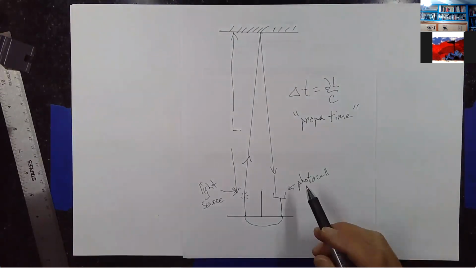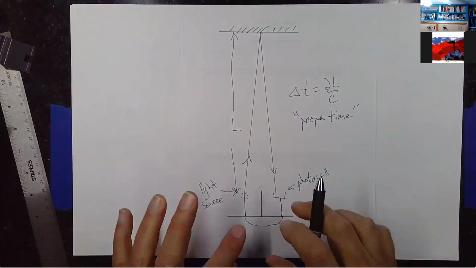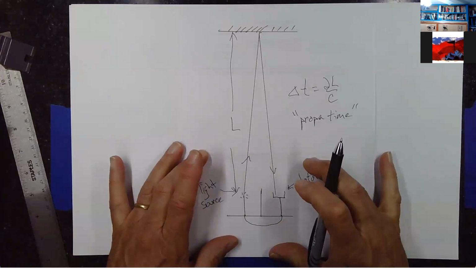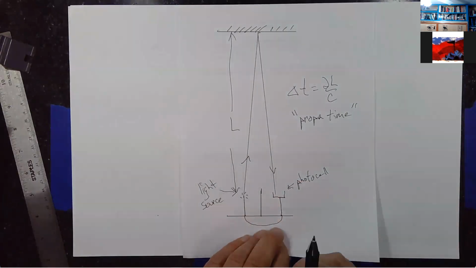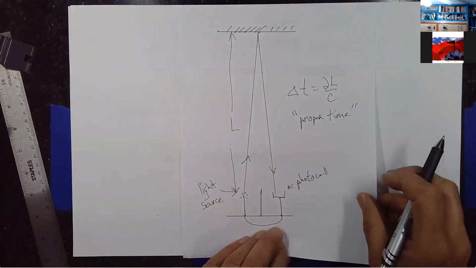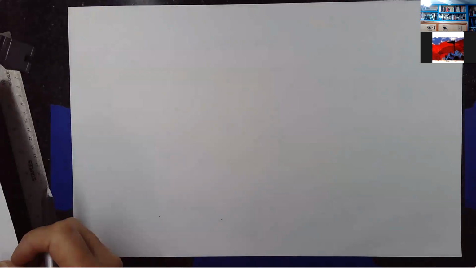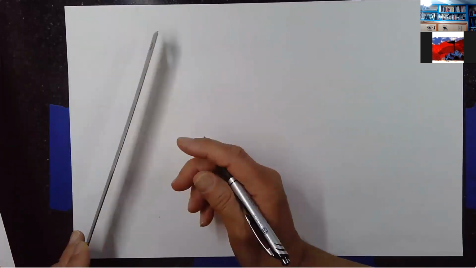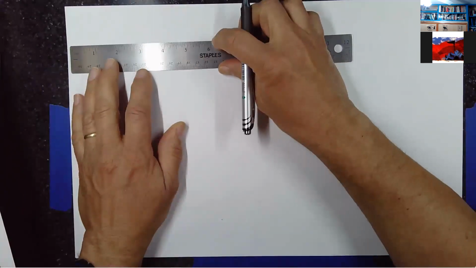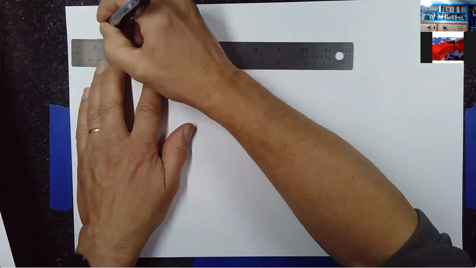Now, that's the way it looks in the reference frame of someone who is at rest with respect to the clock. But what if someone sees this clock as a moving object? We'll imagine that that's going on here, and we'll put a series of mirrors up here, or actually just three.